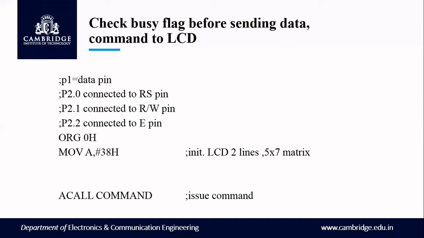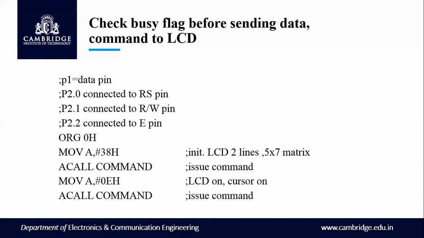So I'm loading that into the accumulator, then I'll call a command write subroutine. Then again I'll take one more command code and again I'll call. So here we are not including any delays. But when you go into the subroutine called command, there we need to check whether the LCD is busy or ready. So in that case, we need to remember. So this is the main code.